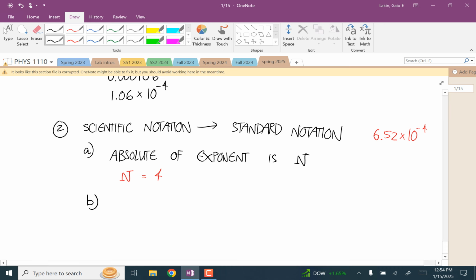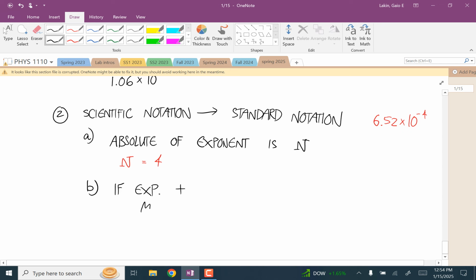And then if the exponent was positive, I'm going to move the decimal point n places to the right.